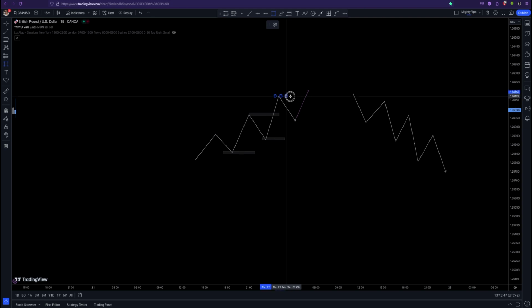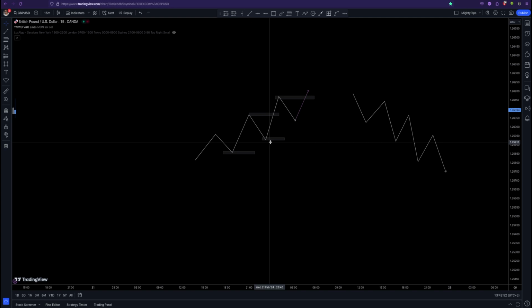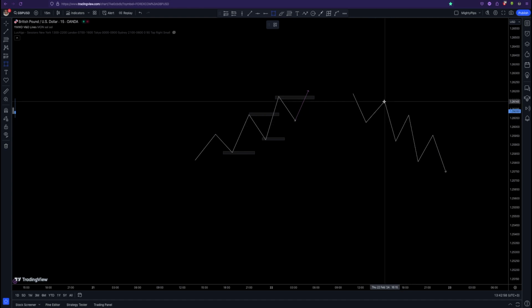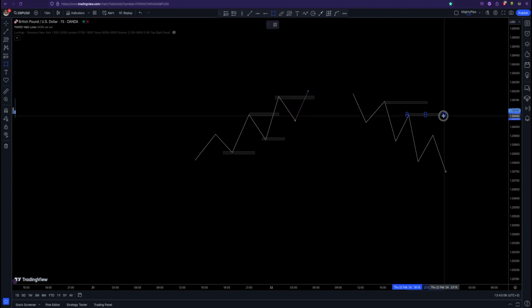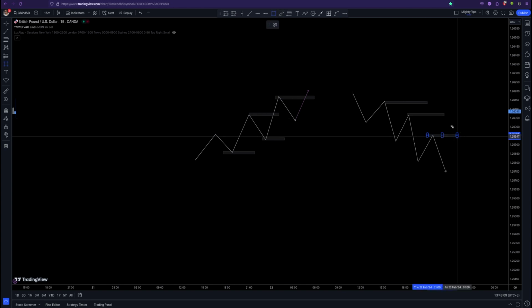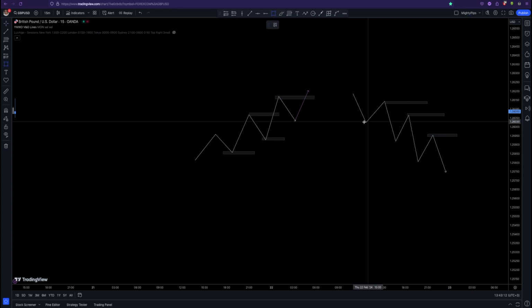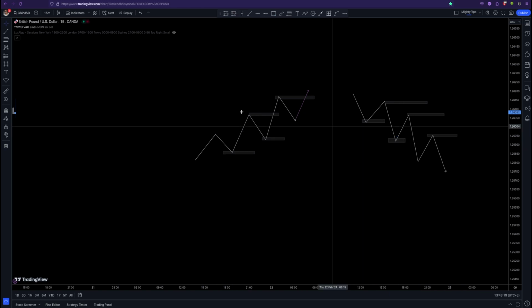Those higher highs create supply and the higher lows create demand. The flip side is also true: the highs are supply zones where the market pulls back before pushing lower, and the demand zones are the lows. The lows in the market, those are the demand zones.